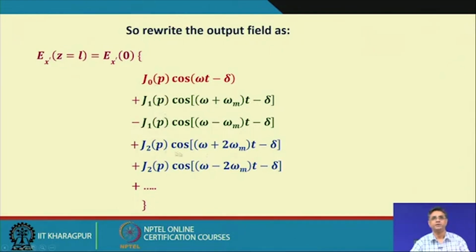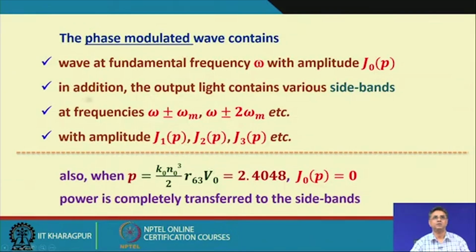For J 2, the amplitude of the light with J 2 will have frequency omega plus twice omega m and omega minus twice omega m. So, we can find that in addition to this original frequency, there are side bands at equal intervals: omega plus omega m, omega minus omega m, omega plus twice omega m, omega minus twice omega m, and so on. So, it also excites the side bands in addition to the original frequency.